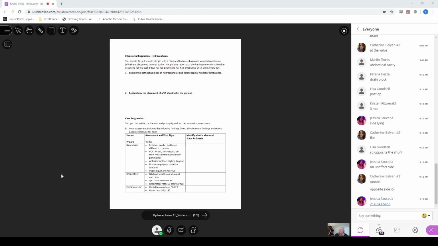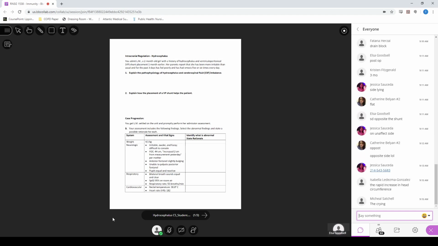As we look at our case progression, what did y'all come up with as abnormal in this assessment? Is the baby's weight okay? Yes. So what are our neurological concerns? Her head circumference was abnormal for her age. It's difficult to console. What about her head circumference? It's increasing at a rapid rate.